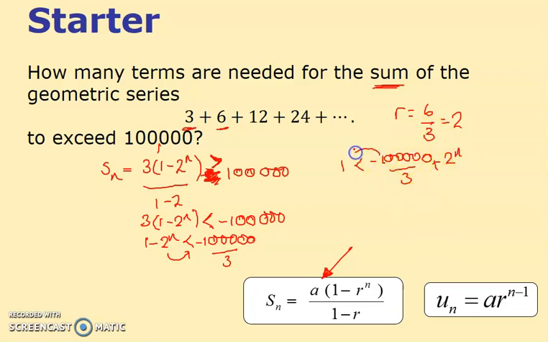And now I'm going to move that over there, so that's not a very nice number. So I'm just going to do that. It's 1 plus 100,000. I think we've got enough zeros. And I get 1 0 0, 4 zeros in total, over 3 is less than 2 to the n. And of course that means 2 to the n is more than that number.